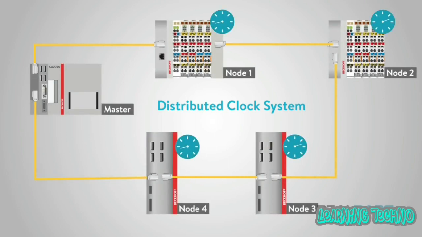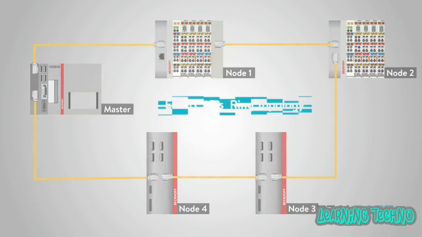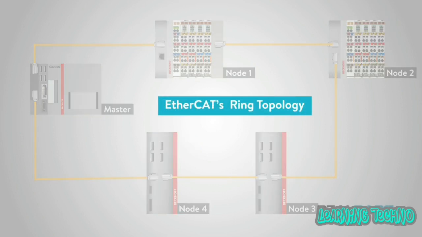The master then has an accurate delay for each node, as timestamp data is calculated with every data frame transmission. With EtherCAT's intrinsic ring topology, discussed later, this ensures increasingly accurate data with every data transmission because of the distributed clock mechanism. This is one of the advantages of EtherCAT.